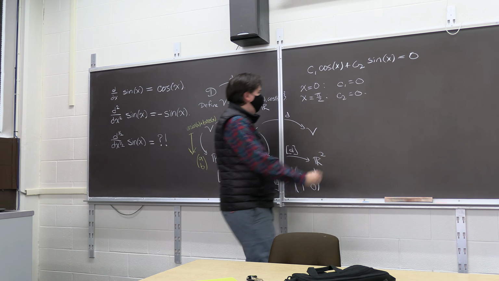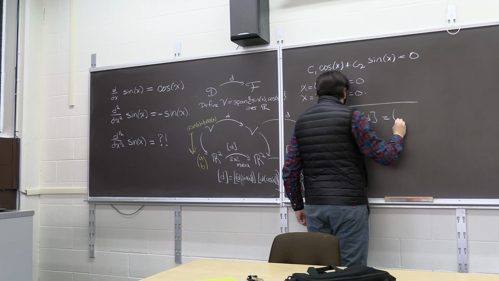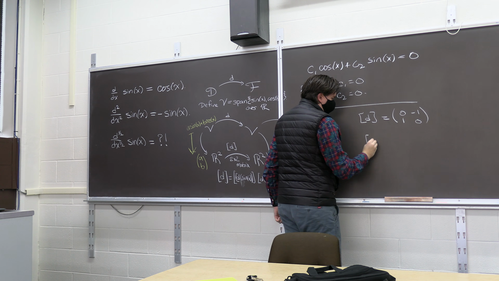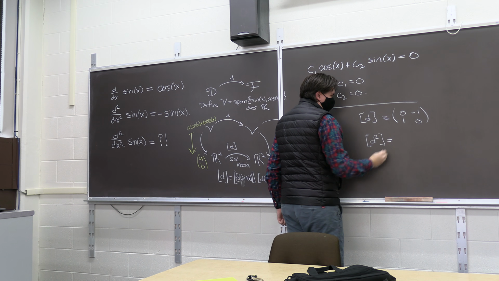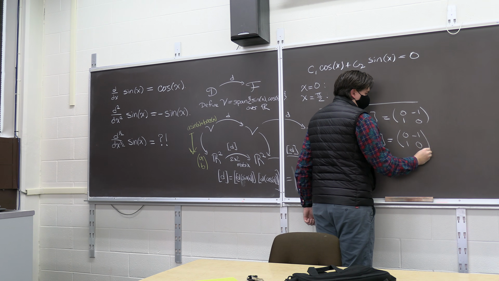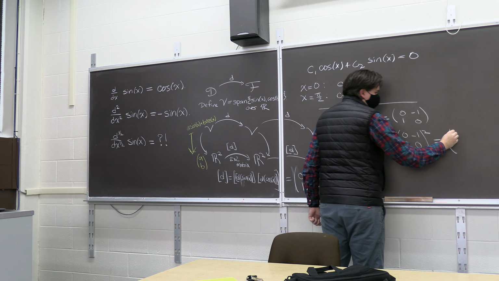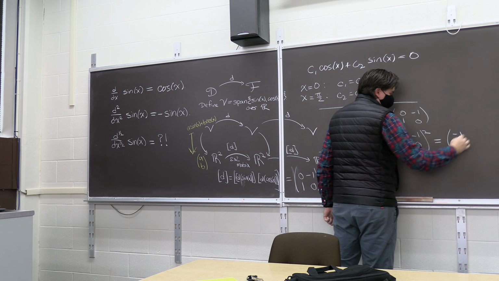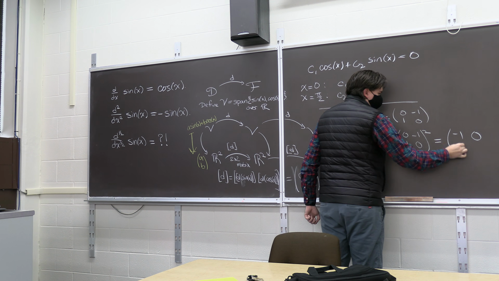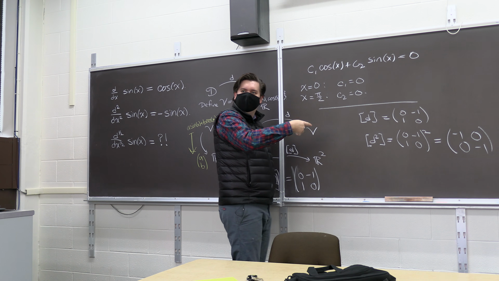So we've seen that the matrix corresponding to the derivative is 0, 1, negative 1, 0. And the matrix corresponding to the derivative squared will just be the square of this matrix, which comes out to be row times column, negative 1, row times column, 0, row times column, 0, row times column, negative 1. Is that what you get? I think so.